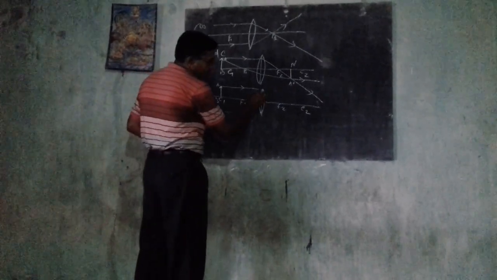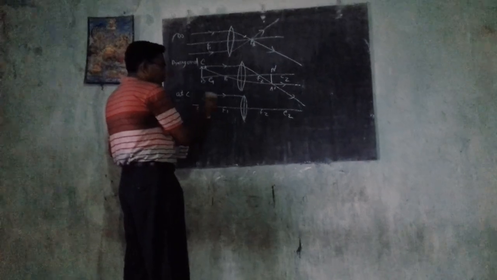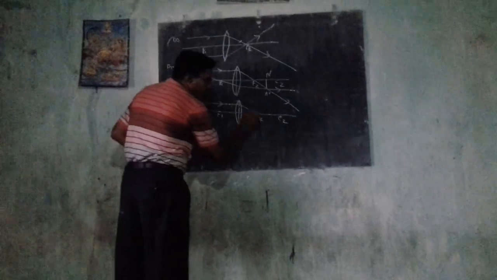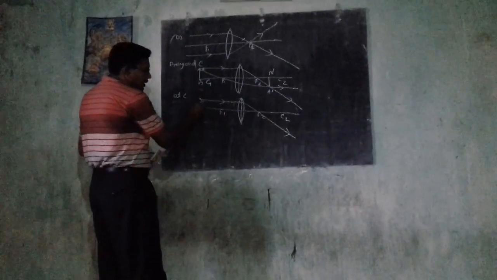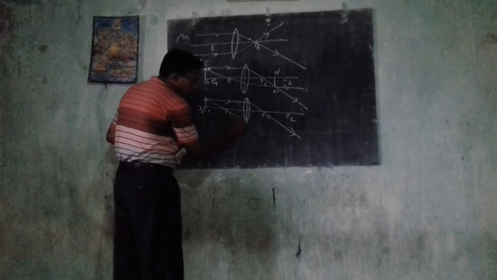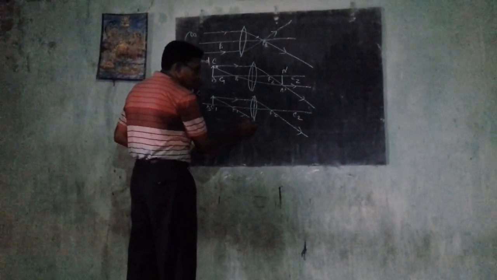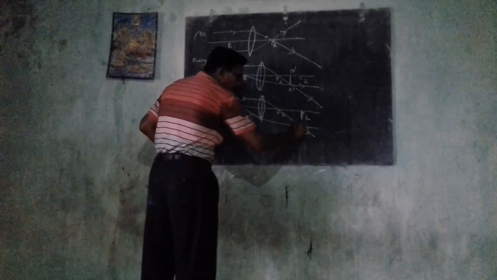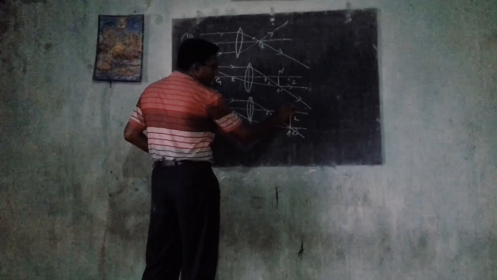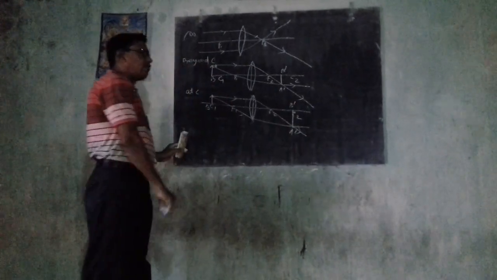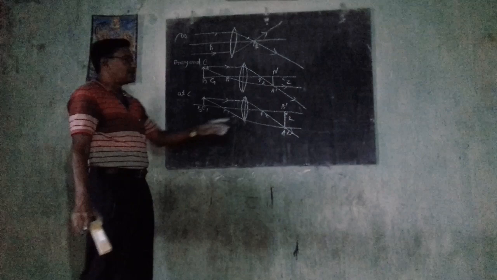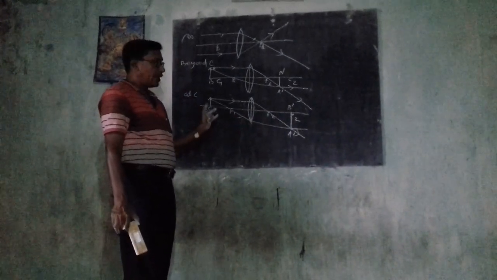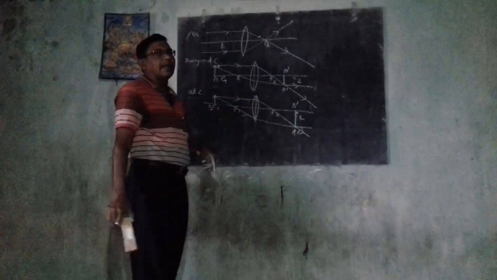After refraction it passes through the focus. Then another ray through the focus. After refraction, it goes parallel to the principal axis. And where do they meet? They meet at the center of curvature, where the image of the object forms, that is A dash B dash. The size of the image is equal to the object size. Okay? And this is inverted and real.